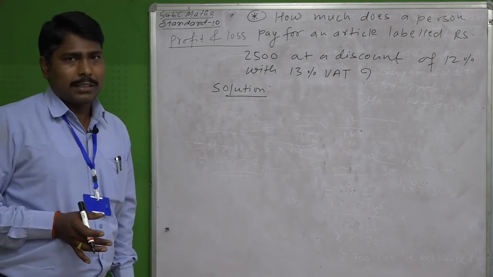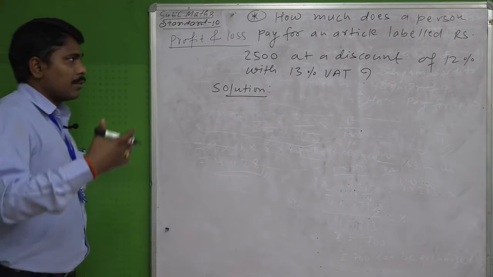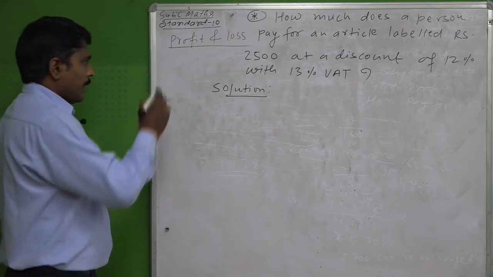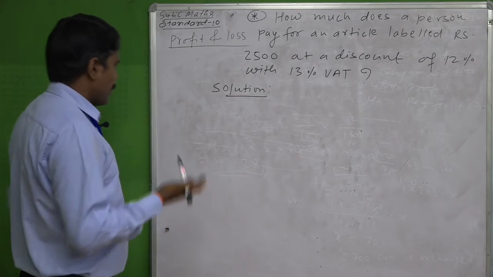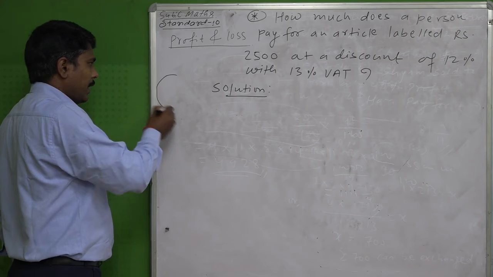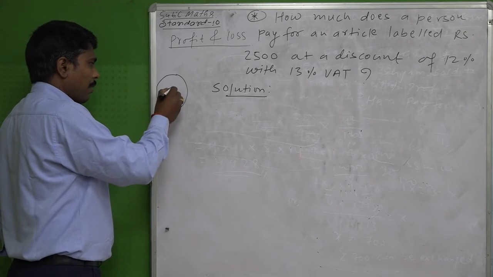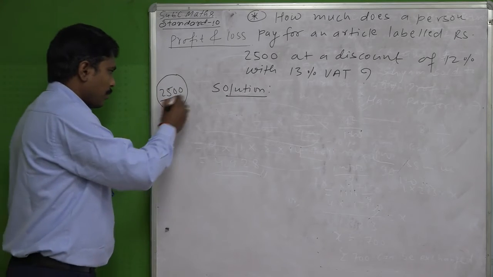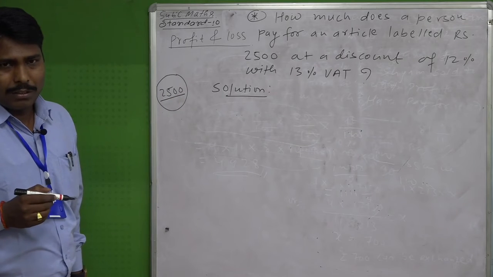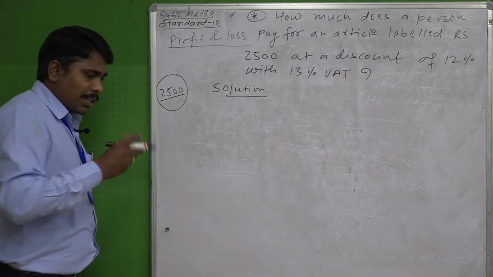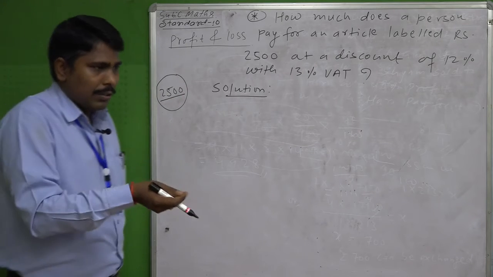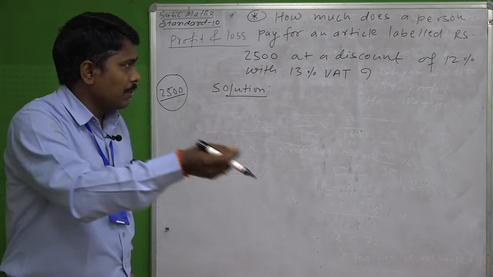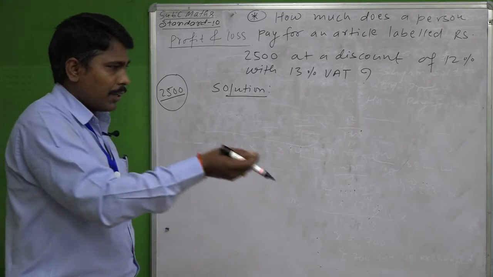13% VAT? Suppose you went to the market to purchase one article. The price written there is 2500, as the shopkeeper told you.